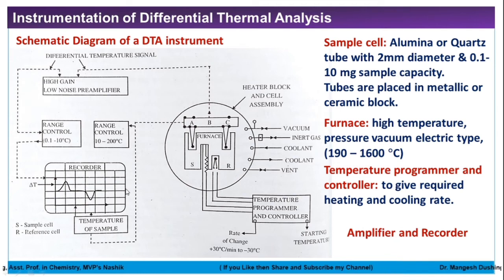The recorder plots the temperature change on the x-axis and the temperature of the furnace on the y-axis. So we will get the plot. So this is the temperature change, that is differential thermal analysis. We will get the graph.